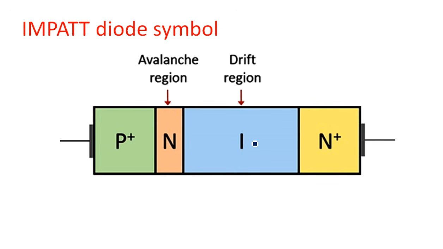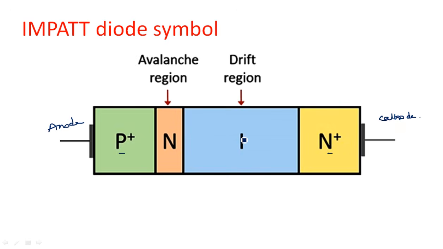Coming to the construction of this IMPATT diode, it has a combination of different regions: a P plus region, with a high concentration of P type impurities, and an N plus region on either side of this device. The P plus region and N plus region create the anode and cathode of this device. This may be the anode and this will be the cathode.